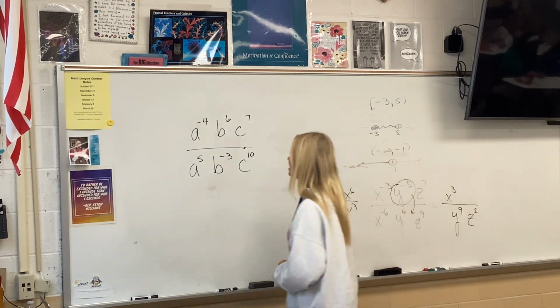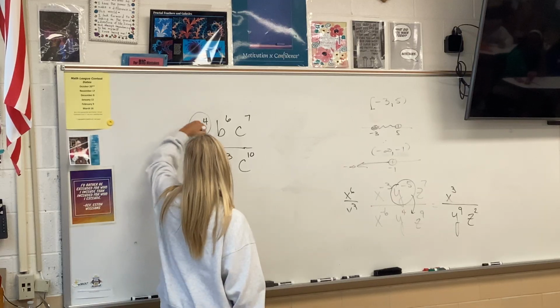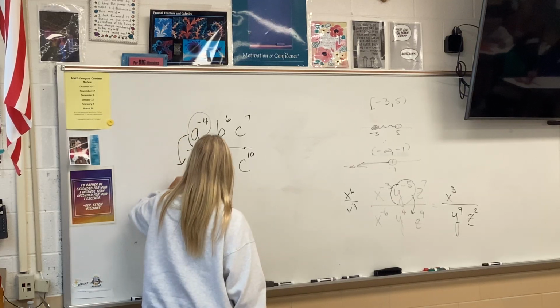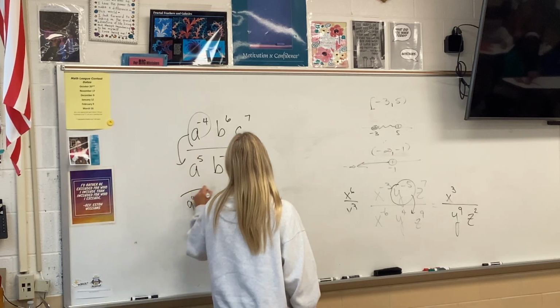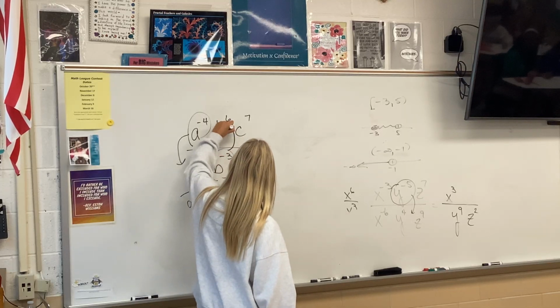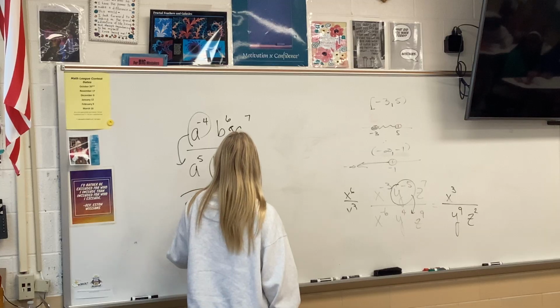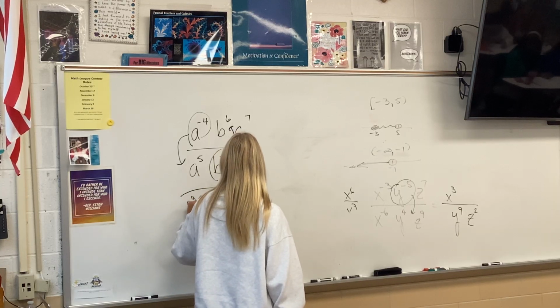Vaughn: Okay, so first, you're going to take the A minus 4 down to the bottom and add A4 and A5, so A9 on the bottom. And then you're going to move the B minus 3 up to the top and do 6 plus 3, which is 9.